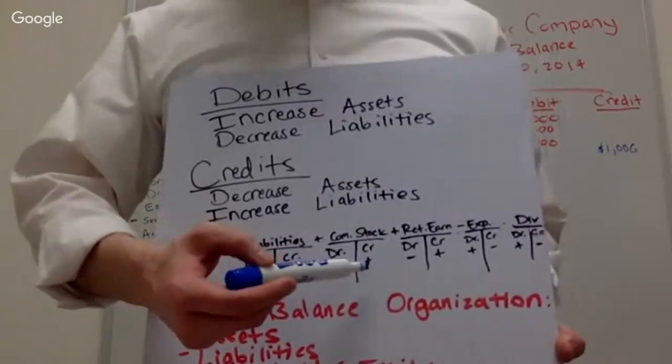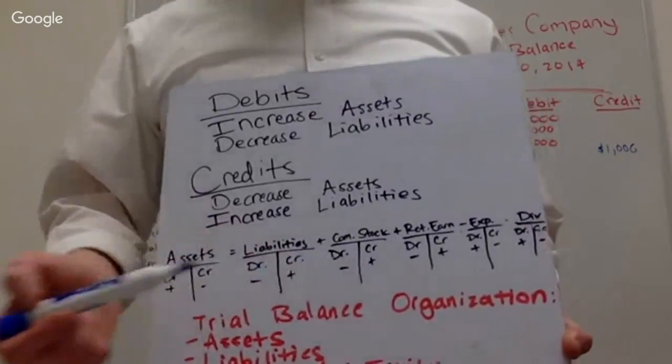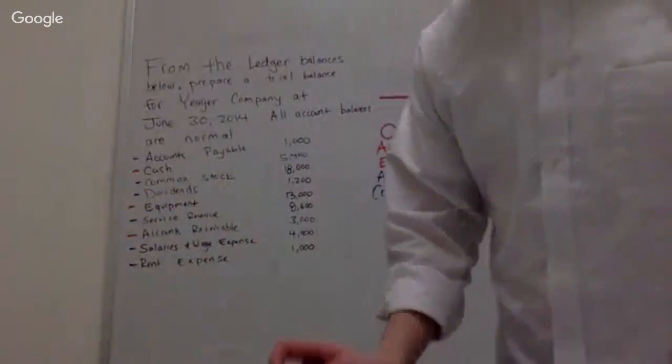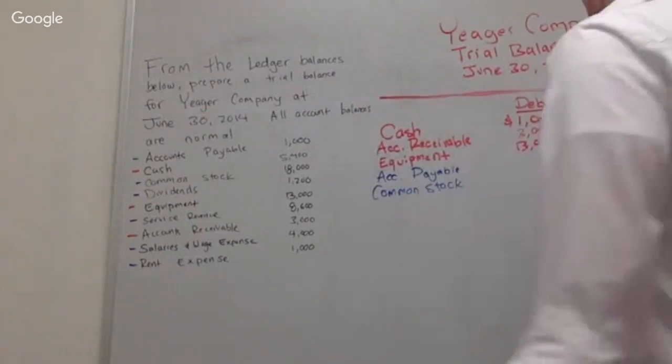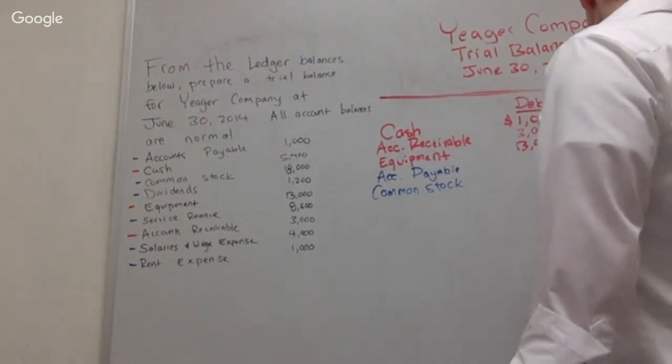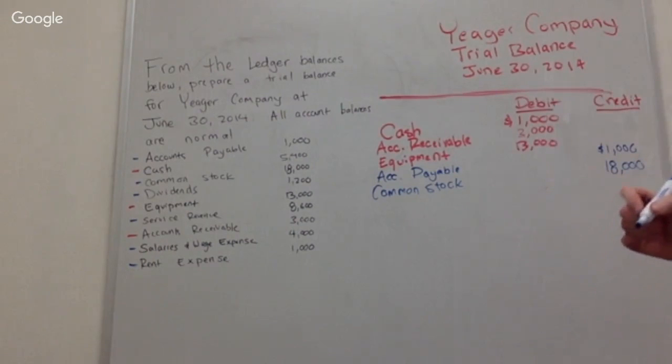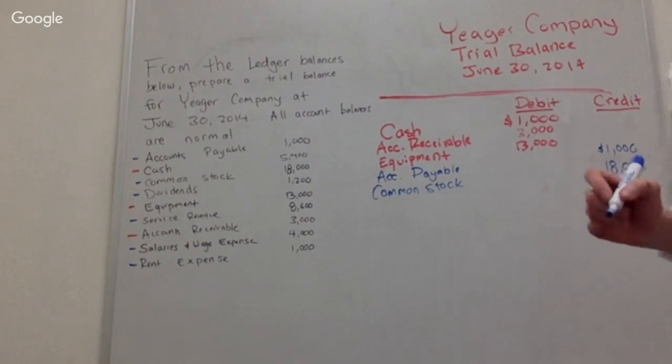So it will in fact be listed as a credit because it will be increasing our liability. So we'll go ahead and do that. Our common stock is listed at 18,000. Right, 18,000 in our credit section, or column, excuse me.